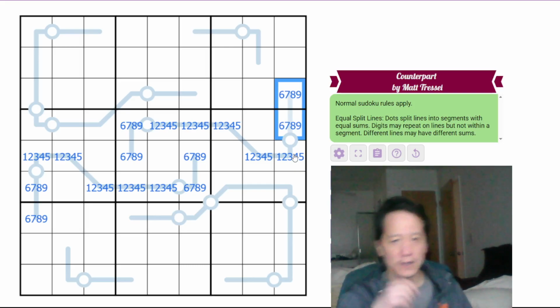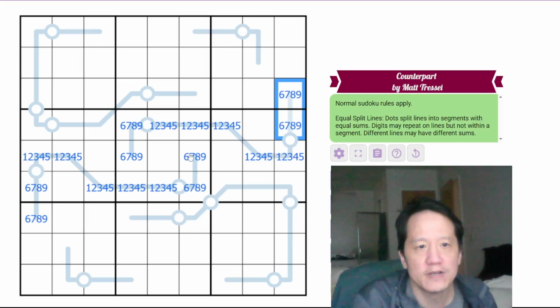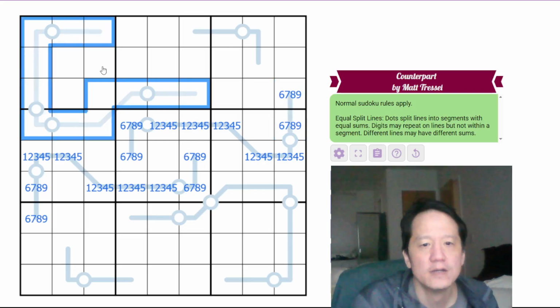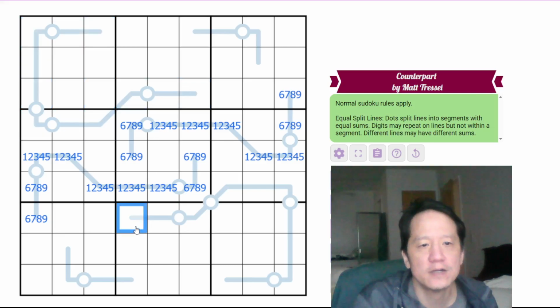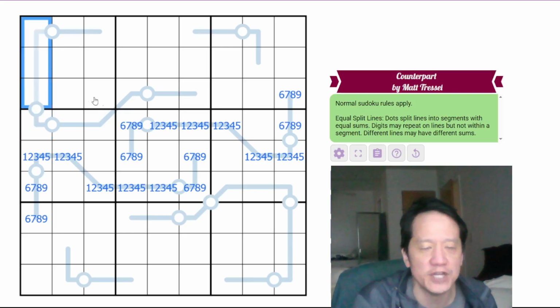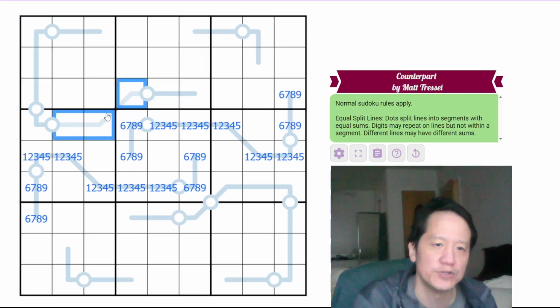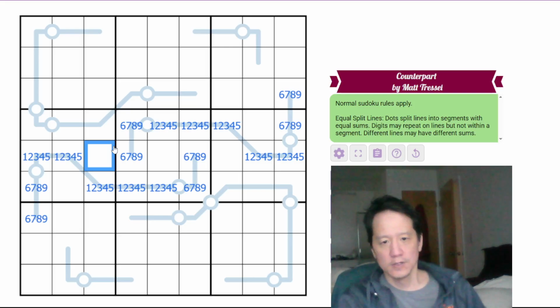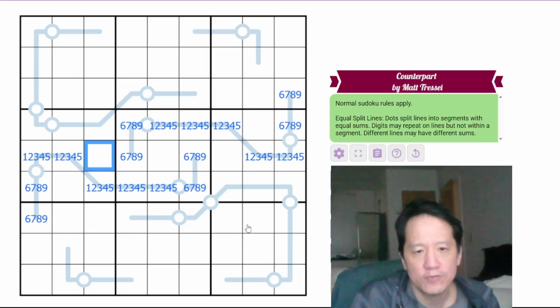Therefore, and then we also have another equal split line, where basically we have 1 digit that must add up to the same sum as 3 unique digits. And that's 3 unique digits twice, interestingly enough. What does that mean?